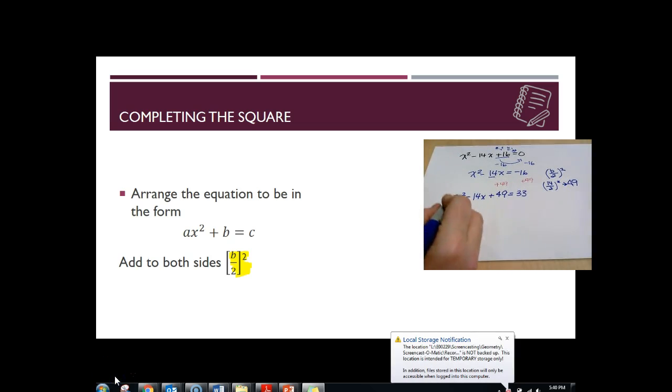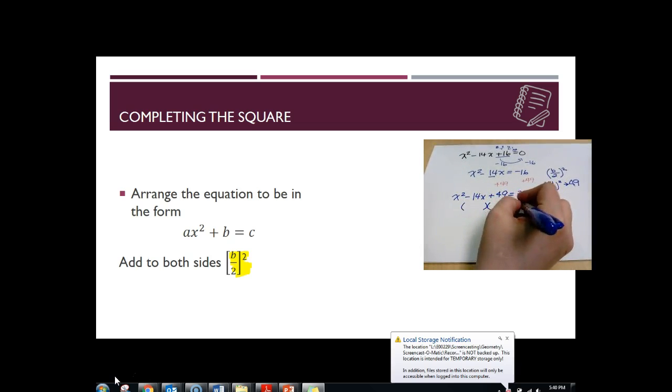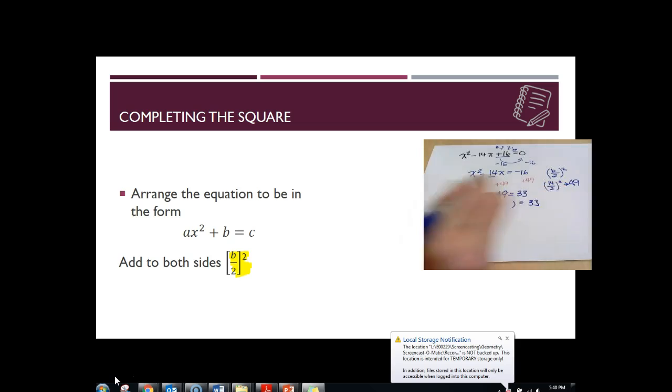Okay, now that we've created a perfect square here in the front, we can go ahead and factor it and solve the equation. So I'm going to put out my factoring bars, and I'm going to ask myself, what two numbers can multiply to positive 49 and add to negative 14?